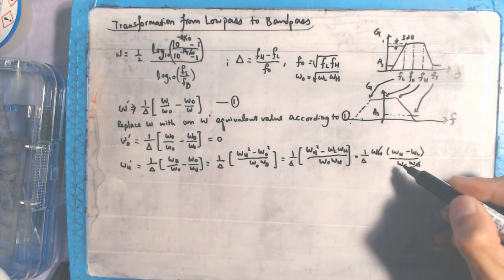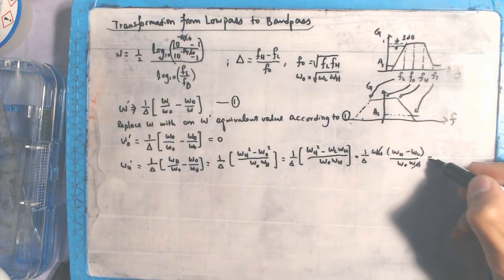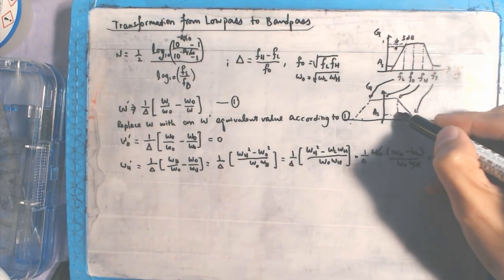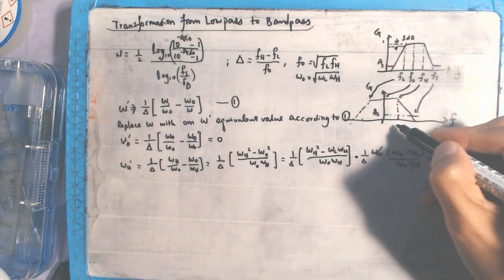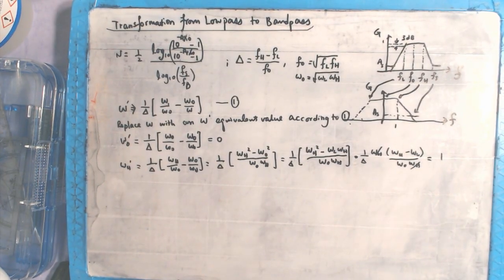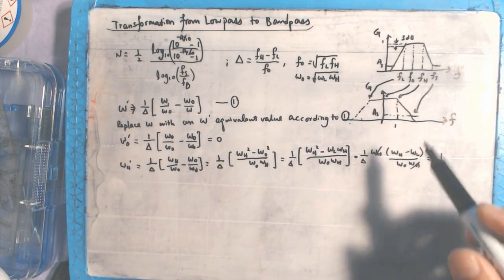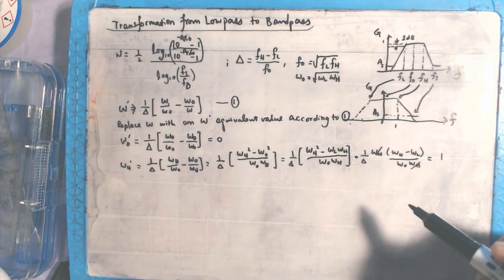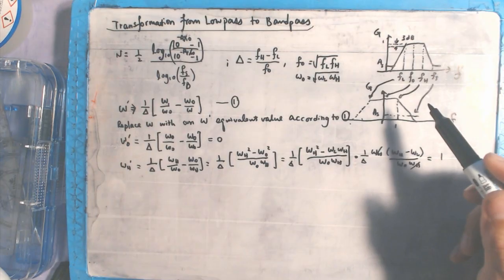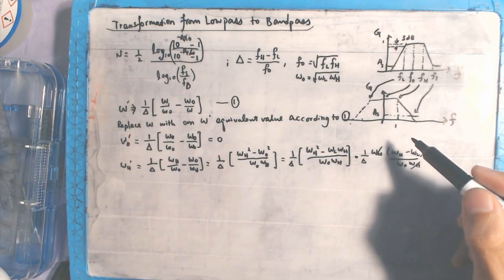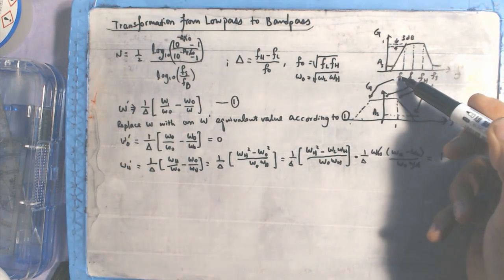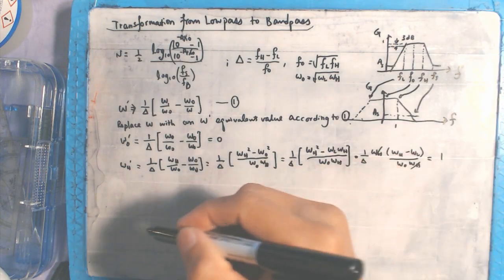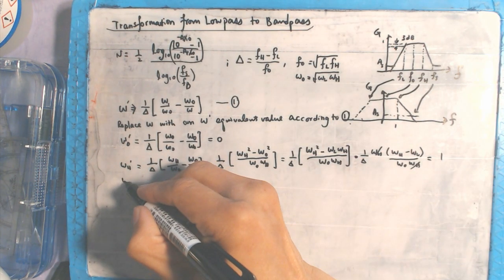So you get 1 here. So in other words, when you downscale it, this will become 1. And similarly, you can do the same for omega S, or you can also do omega L. You will eventually end up with minus 1. So omega L prime will become minus 1.